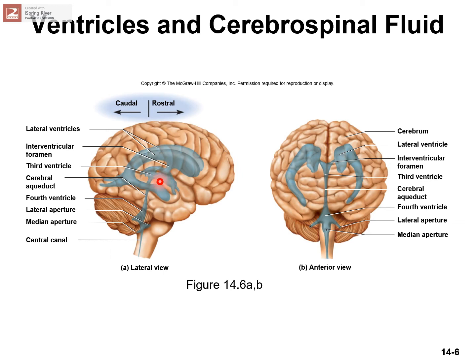And below the third ventricle, there is another channel known as the cerebral aqueduct. The cerebral aqueduct leads to the fourth ventricle of the brain. And this is important because this is where cerebrospinal fluid is actually produced.